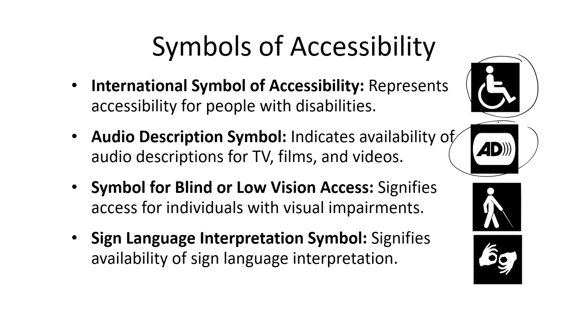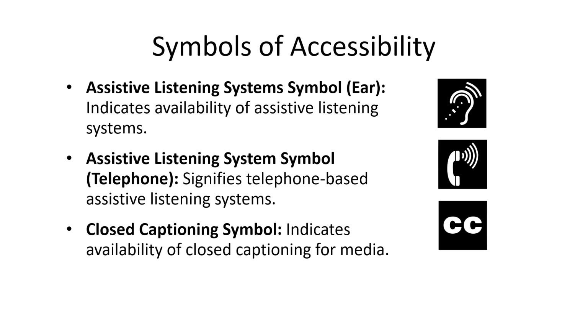The symbol for blind or low vision access signifies the access for individuals with visual impairment, this one. The sign language interpretation symbol, which means the area which has the availability of a sign language interpreter. Then we have the assistive listening system symbol, that is the ear symbol.